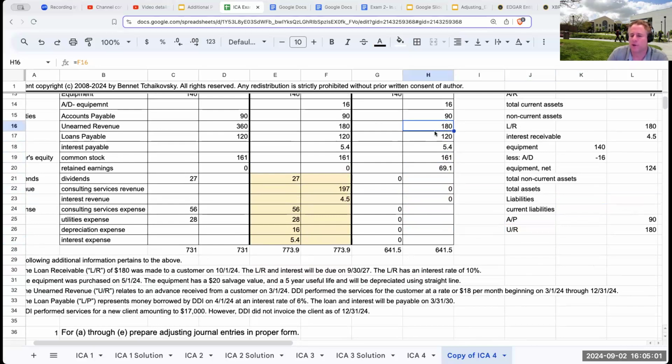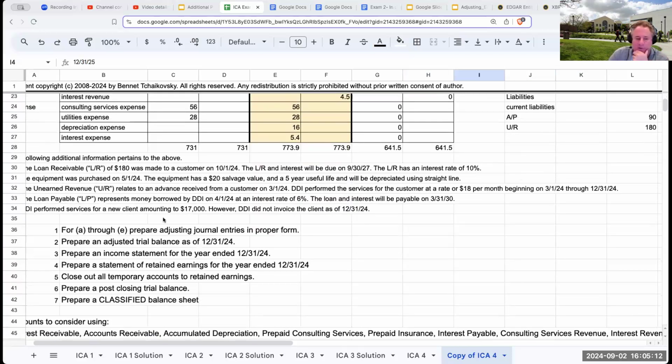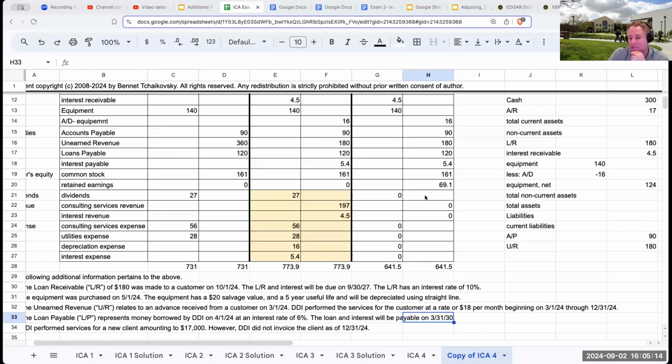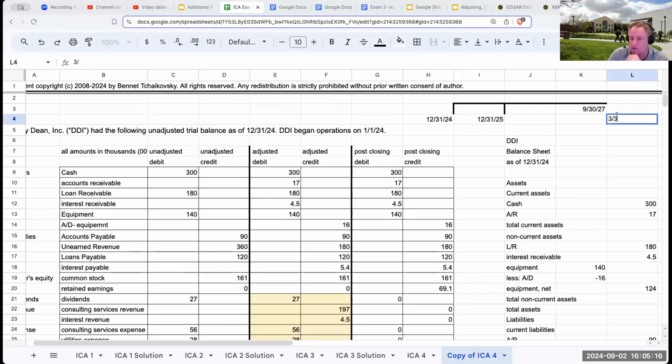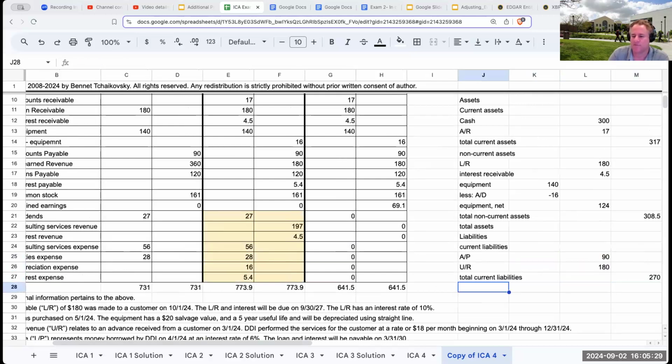Now, what about the loan payable? In order for a loan payable to be classified as a current liability, it has to be repaid by 12/31/25. But this is not going to be paid until 3/31/30. Therefore, the loan payable will be non-current. So my total current liabilities are going to be 270.